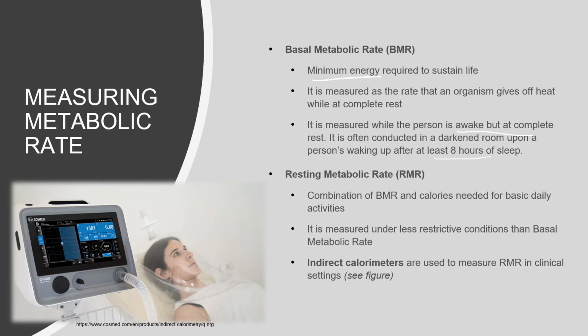The second rate we're going to talk about is RMR, which is resting metabolic rate, and it is actually BMR plus calories needed for basic daily activities. But please keep in mind that it doesn't include calories for heavy work or exercise, right?